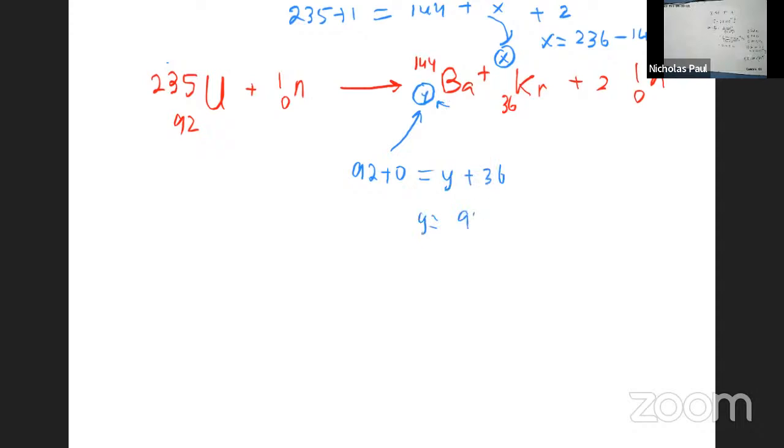So y is equal to 92 minus 36, which is 56. Those are the two answers: 90 and 56. Very good, Malini, Cameron, Jamie. Maria, good.